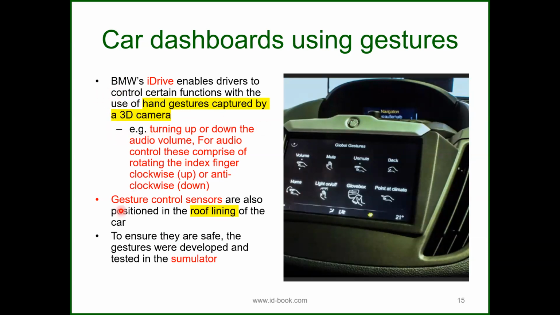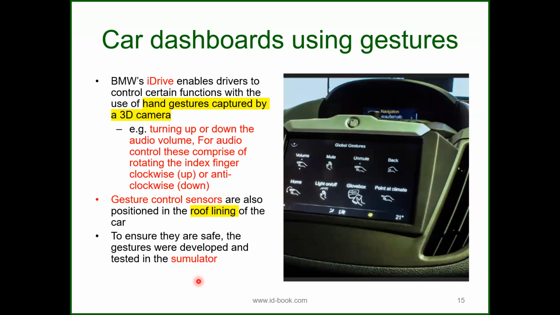We talk about this to ensure they are safe gestures. To make sure that the gestures are conveyed in a proper way, and also processed by the system in a proper way, they are developed and tested many times in something called simulators.